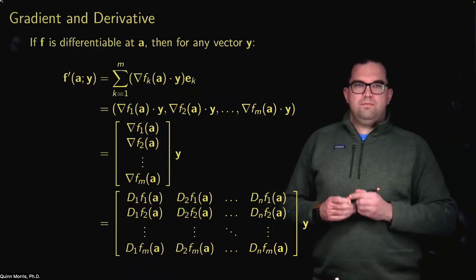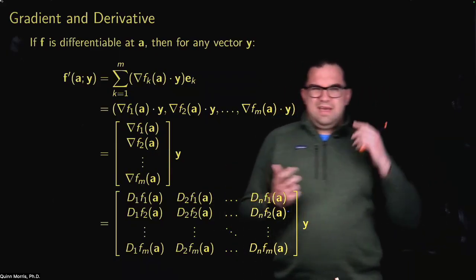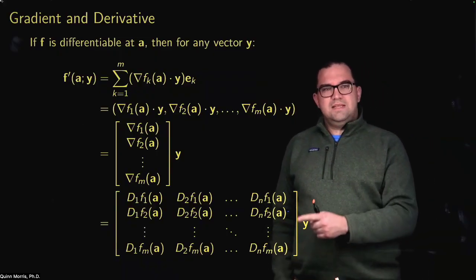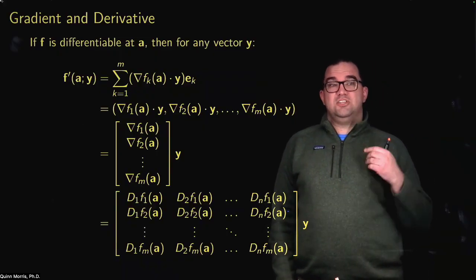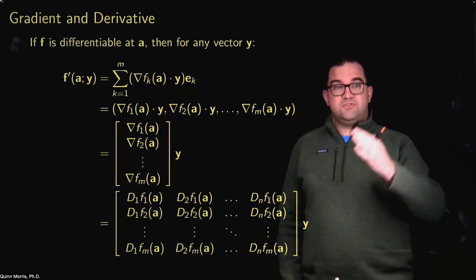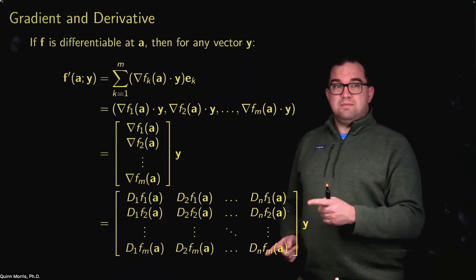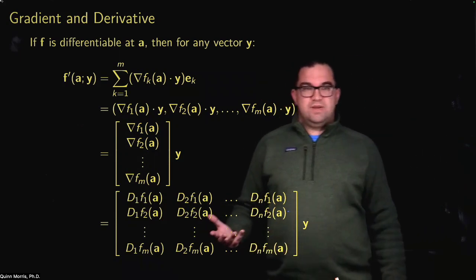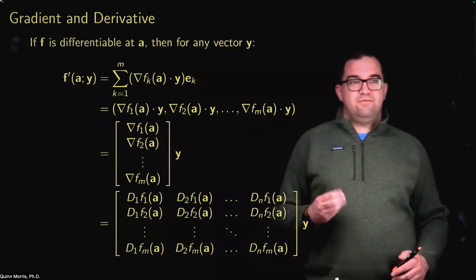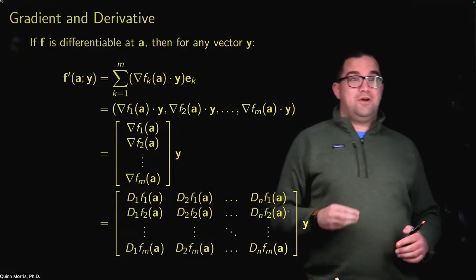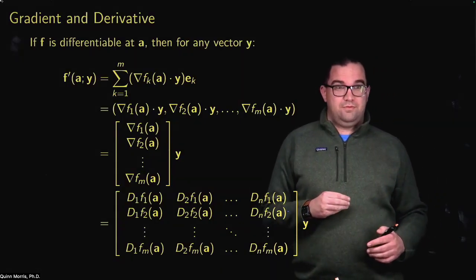Now, you might go, okay, great, but why do I care about this? Well, in some ways, this is the generalization of a gradient. What a gradient is for a scalar field, this matrix is for a vector field. This matrix encapsulates all of the information about all of the partial derivatives of all of the component functions in your vector field.